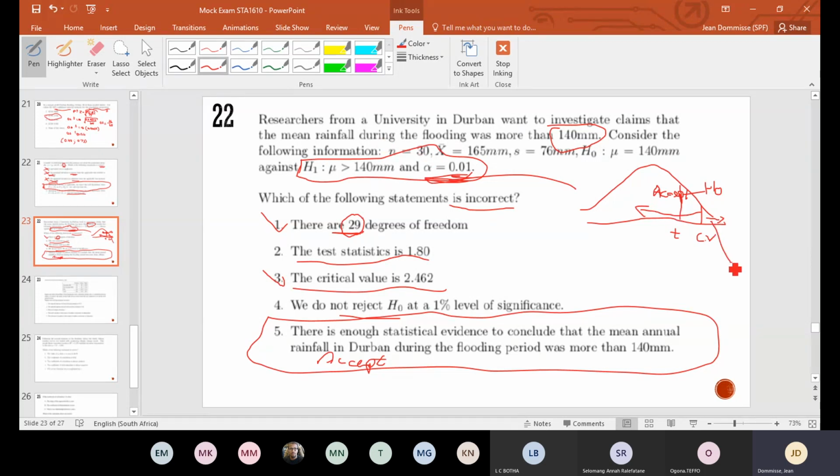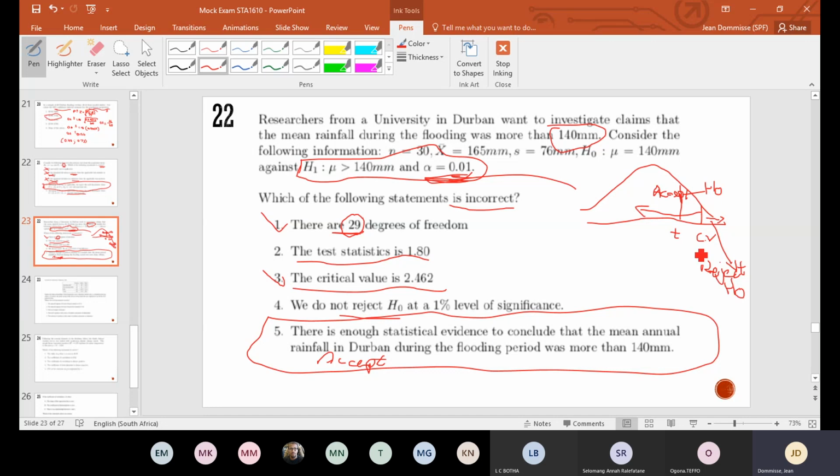If it's bigger, we reject the null hypothesis, so we accept the alternative hypothesis. So if it is smaller, we accept the null hypothesis.